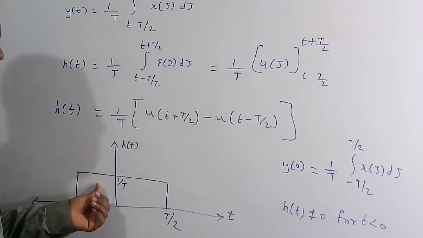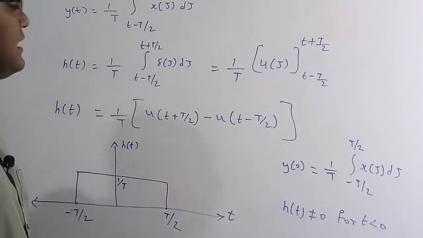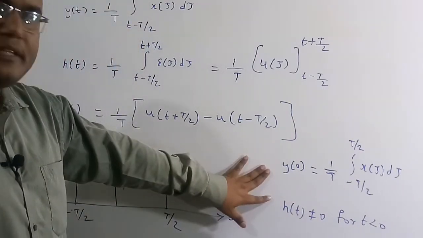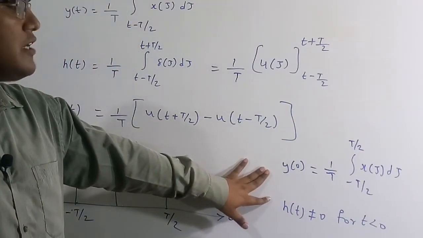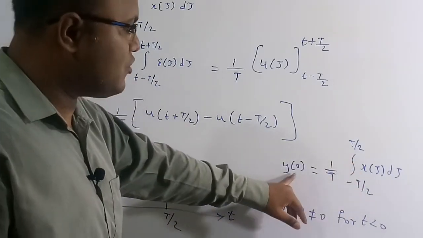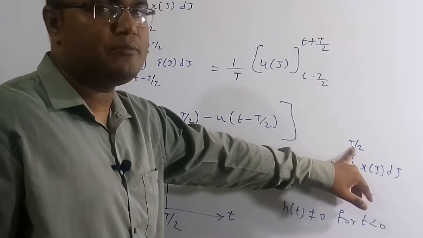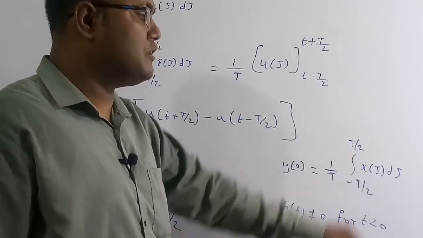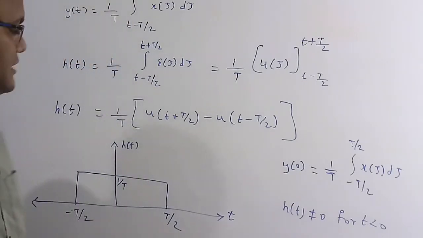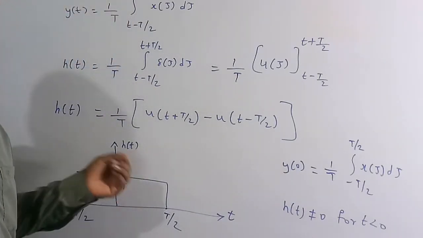At t less than 0 it has a non-zero value, so we can comment that this system is non-causal. By either of the two methods we can tell the system is non-causal, because the output is going to depend upon future values. At t equal to 0, it is going to depend upon T by 2, which is greater than 0. So we conclude that this system is a non-causal system, and this is the diagram of the impulse response.